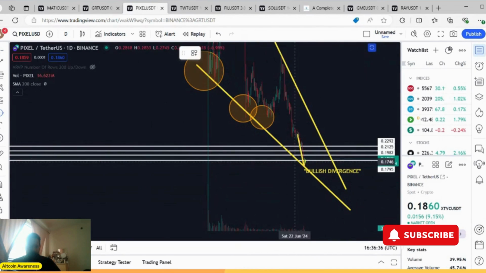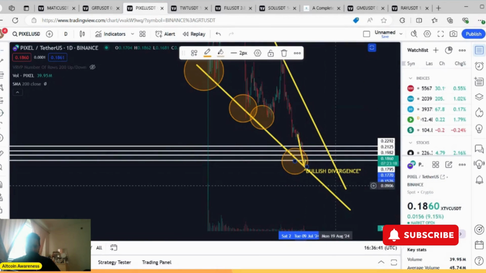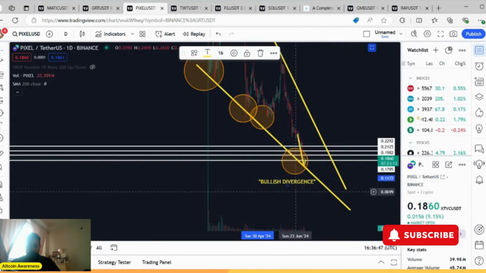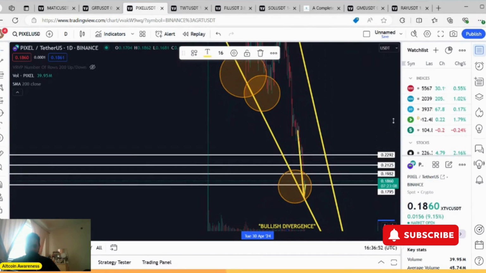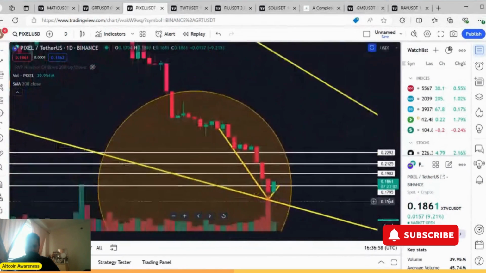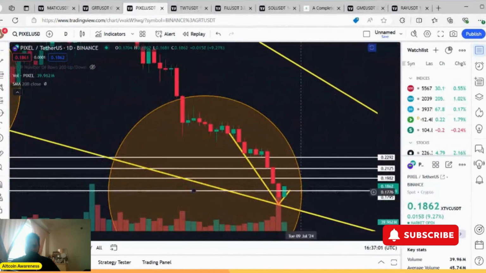And currently, we're experiencing the fourth bounce right here. Okay. On top of that, we have a bullish divergence. Okay. So watch for a bounce at this level. If we zoom in, we'll see that we had a breakout above this key level of resistance at 0.1795.